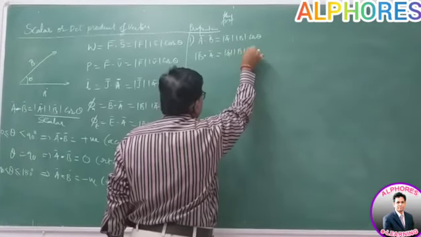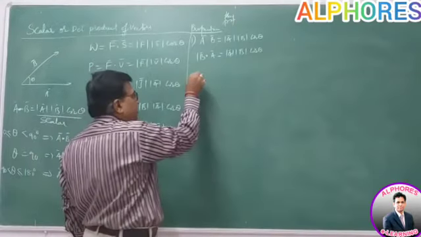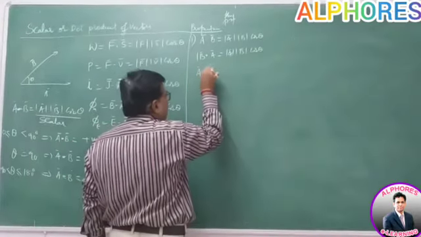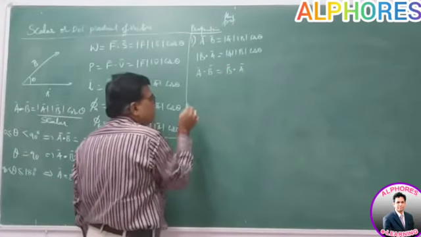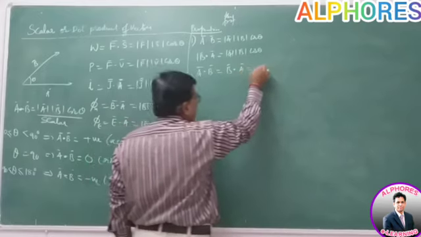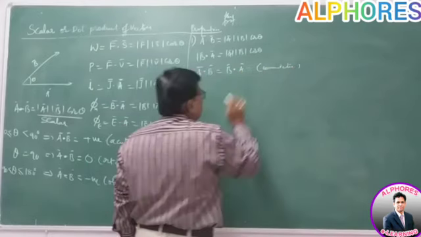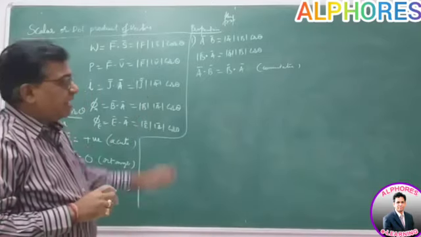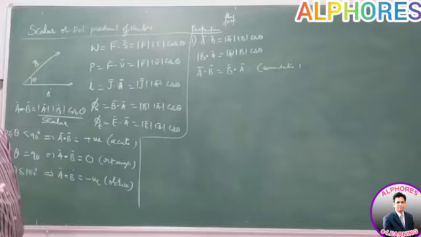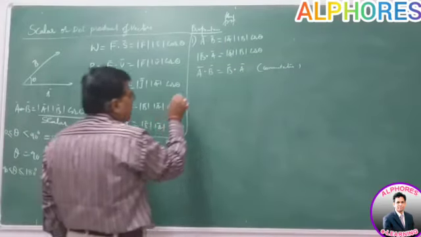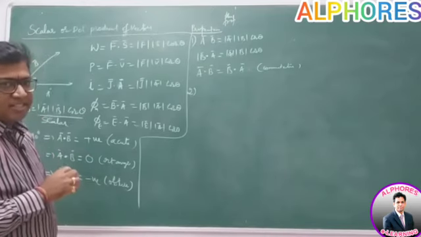It's mod A mod B cos theta. There is no difference, both are the same. So whether I multiply A to B or B to A, the dot product is the same. So the dot product of two vectors obeys the commutative law. A dot B is always equal to B dot A, no difference.